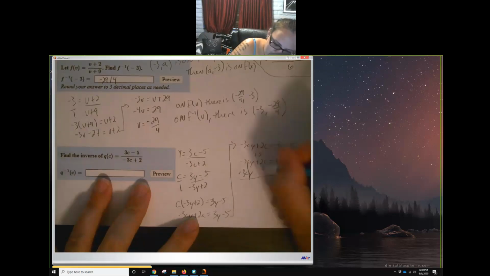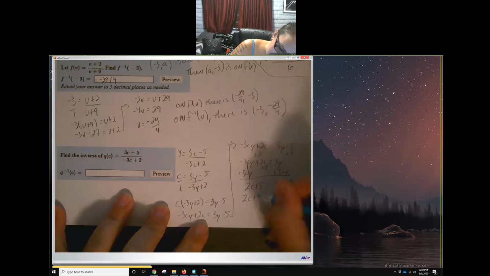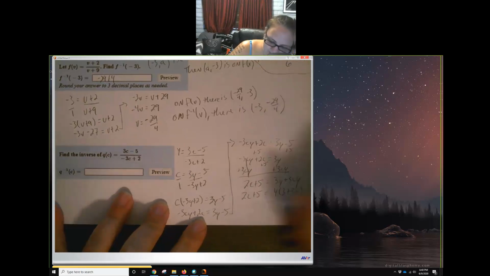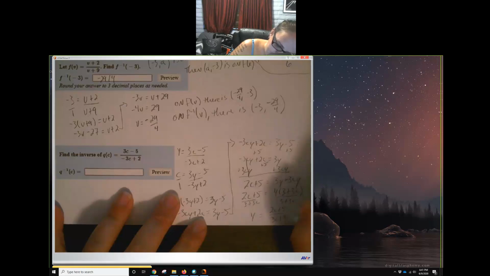Oh, I forgot my plus 5 right there. So this should be 2c plus 5 equals 3y plus 3cy. And now I'm trying to get the y by itself, so I'm going to GCF this y out. And then I'm going to divide both sides by this. So that my inverse is 2c plus 5 over 3c plus 3.